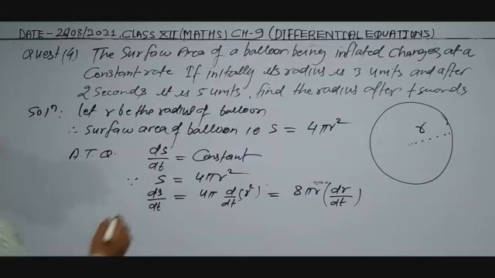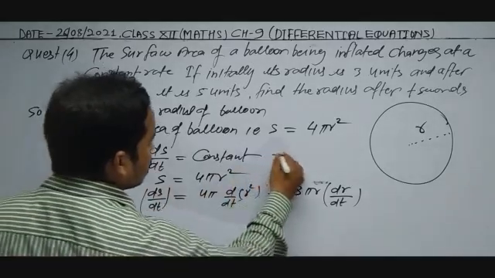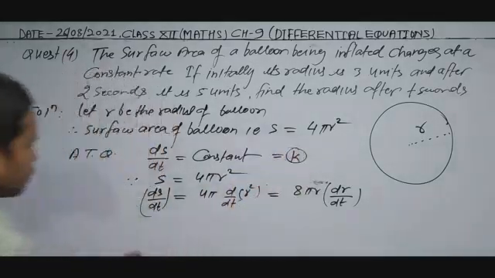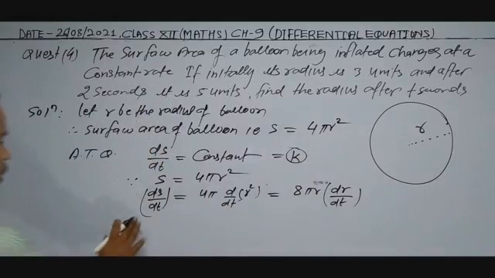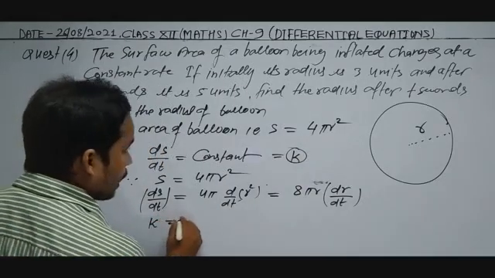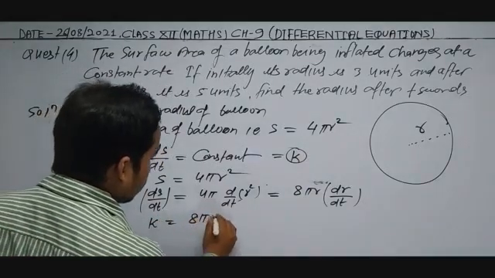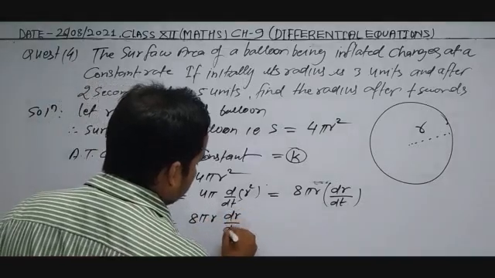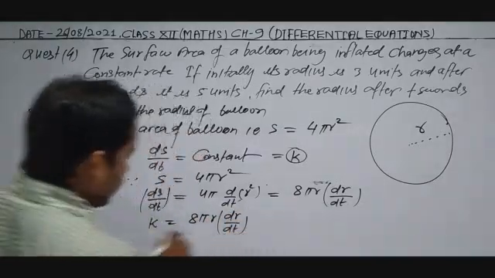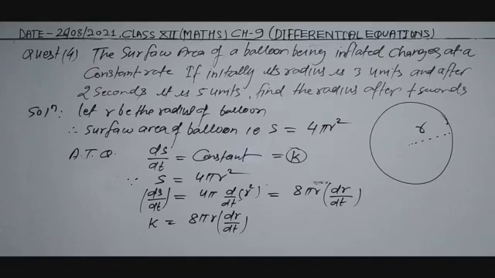Now in this question this is the constant. Suppose this is k. So k is equal to 8 pi r dr upon dt. Now we can separate it.